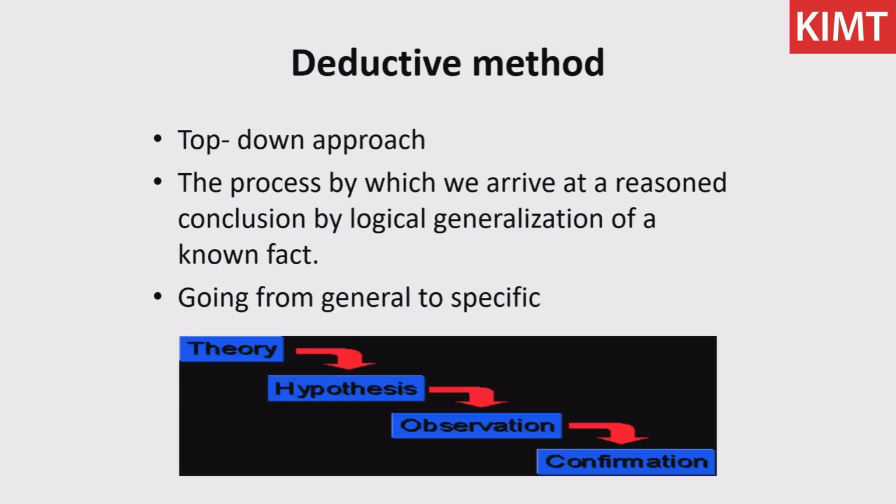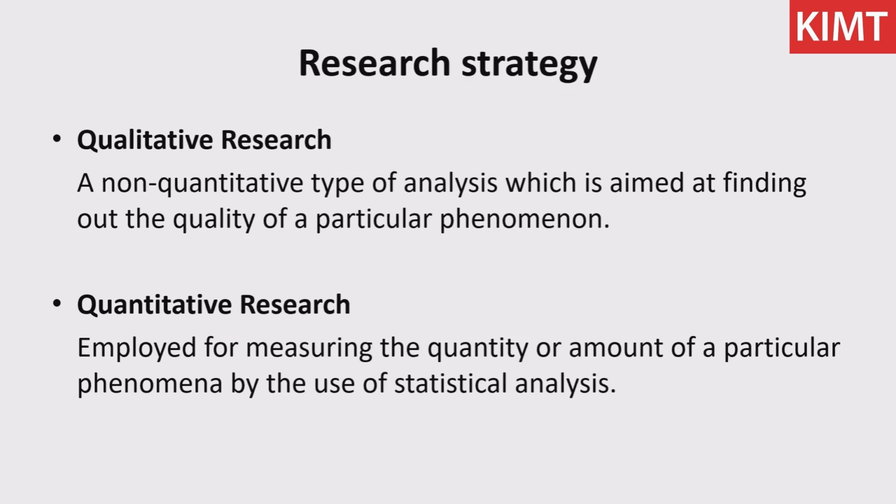So when you write the methodology, next class I will explain how to write it. Today you learn what things come under methodology. First one is research approach, deductive or inductive. Then there's something called research strategy.